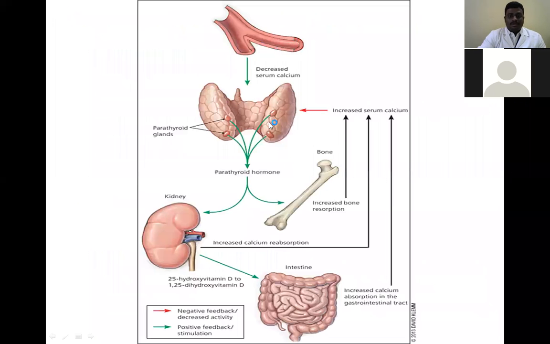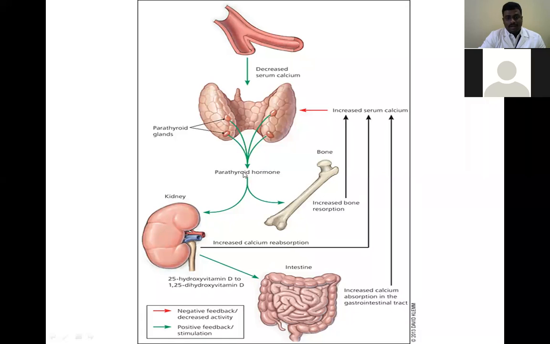Here you can see this image of the regulation of calcium in the blood. When we have a low calcium concentration in the blood, signals immediately pass to the parathyroid gland.